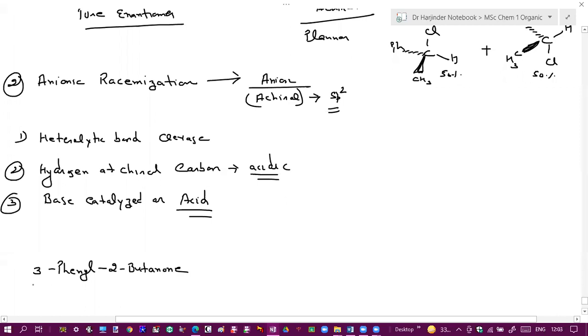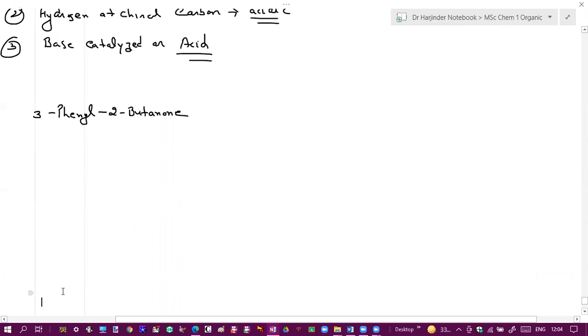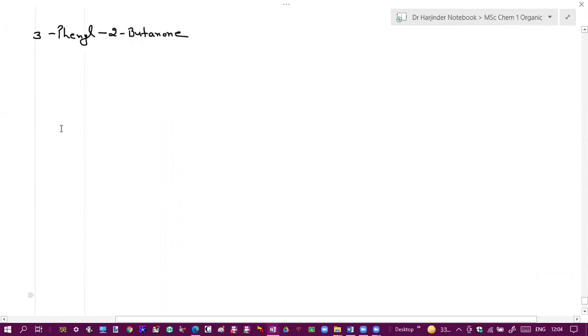What is this 3-phenyl 2-butanol? 2-butanol means at the second position you have a double bond, a ketone group: CH3 C double bond O, and at the third position you have a phenyl group. So CH3 C double bond O CH phenyl CH3.